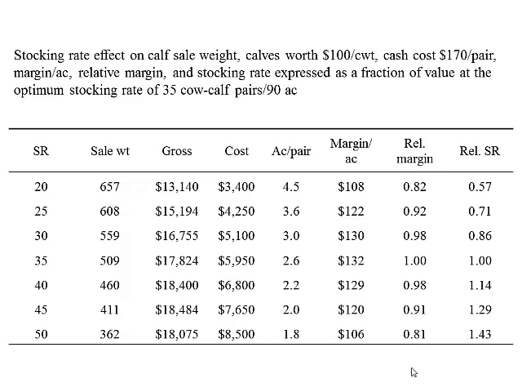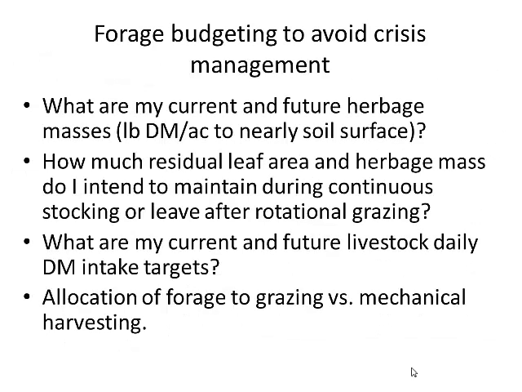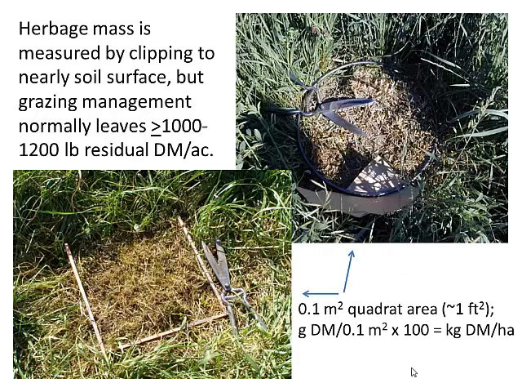Maximum revenue is at 45 cow-calf pairs per 90 acres. So maximum revenue, 45 cow-calf pairs, but maximum return is at 35 cow-calf pairs. So you can study that in more detail.